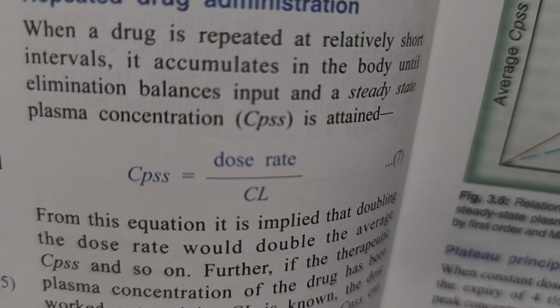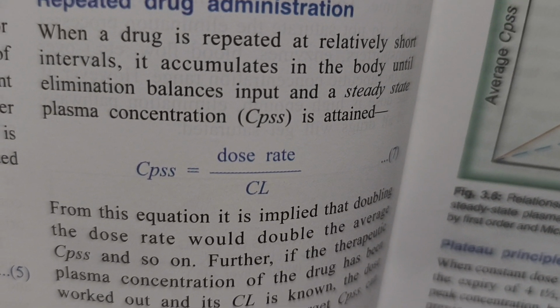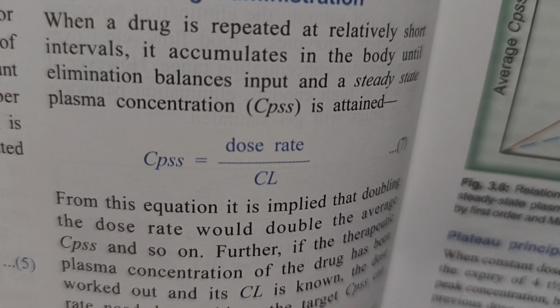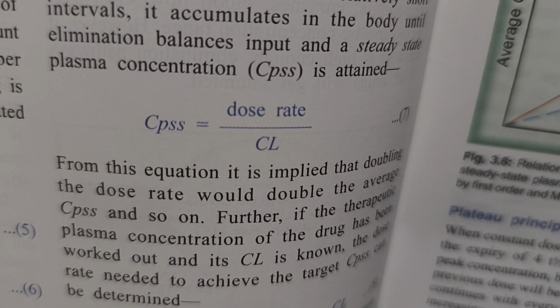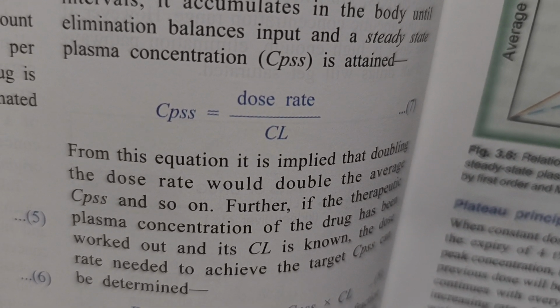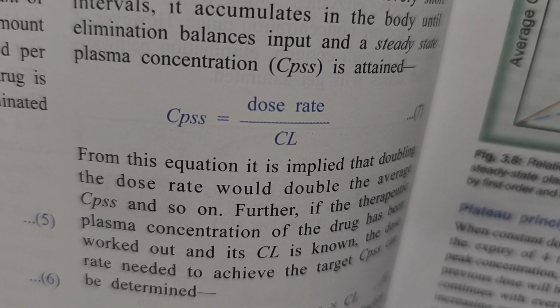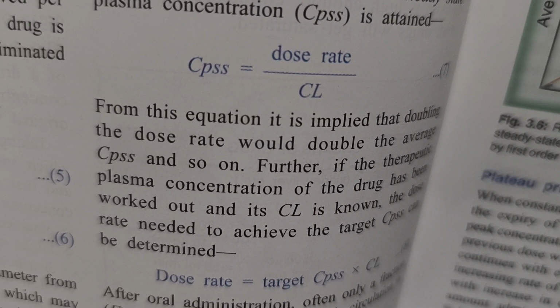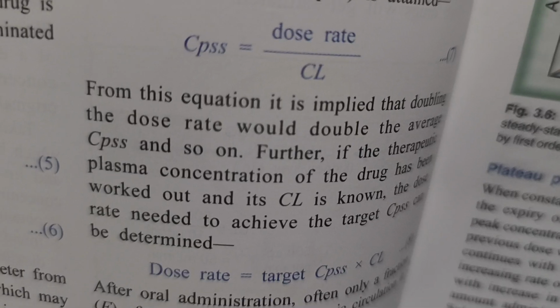Repeated drug administration. When a drug is repeated at relatively short intervals, it accumulates in the body until elimination balances input and a steady state plasma concentration, CPSS, is attained. CPSS is equal to dose rate by clearance.